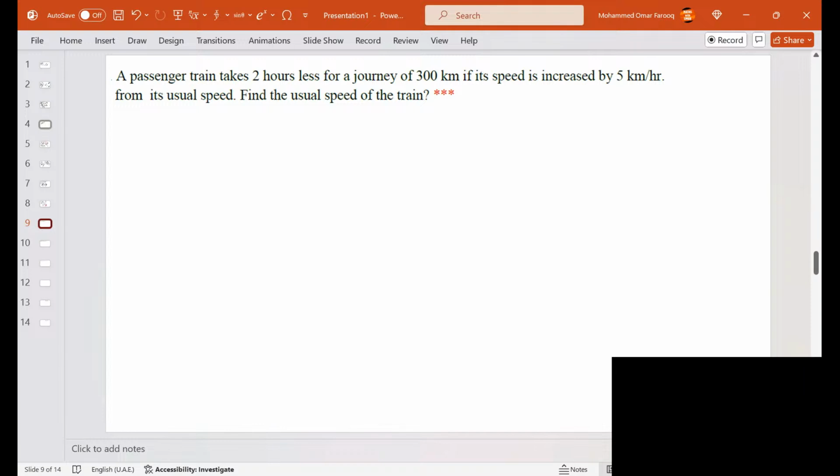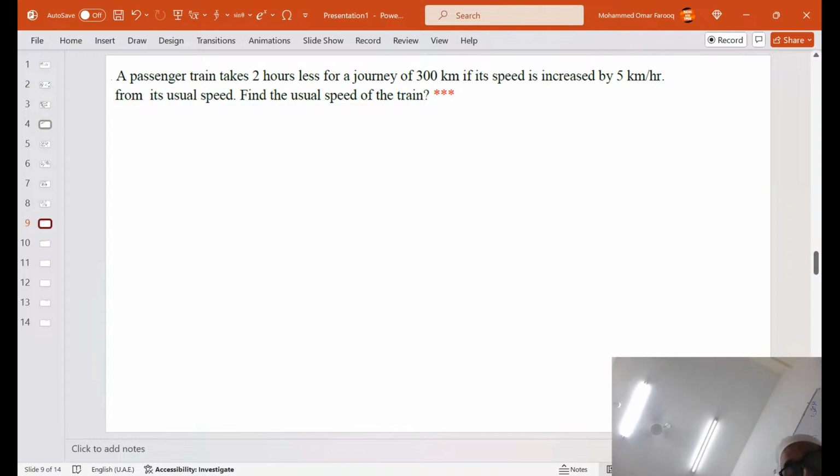Now, a passenger train takes 2 hours less for a journey of 300 kilometers. Please try to understand. Okay, I'll open it. So see the roof. A passenger train takes 2 hours less for a journey of 300 kilometers. So what is given here? Distance is equal to 300 kilometers.